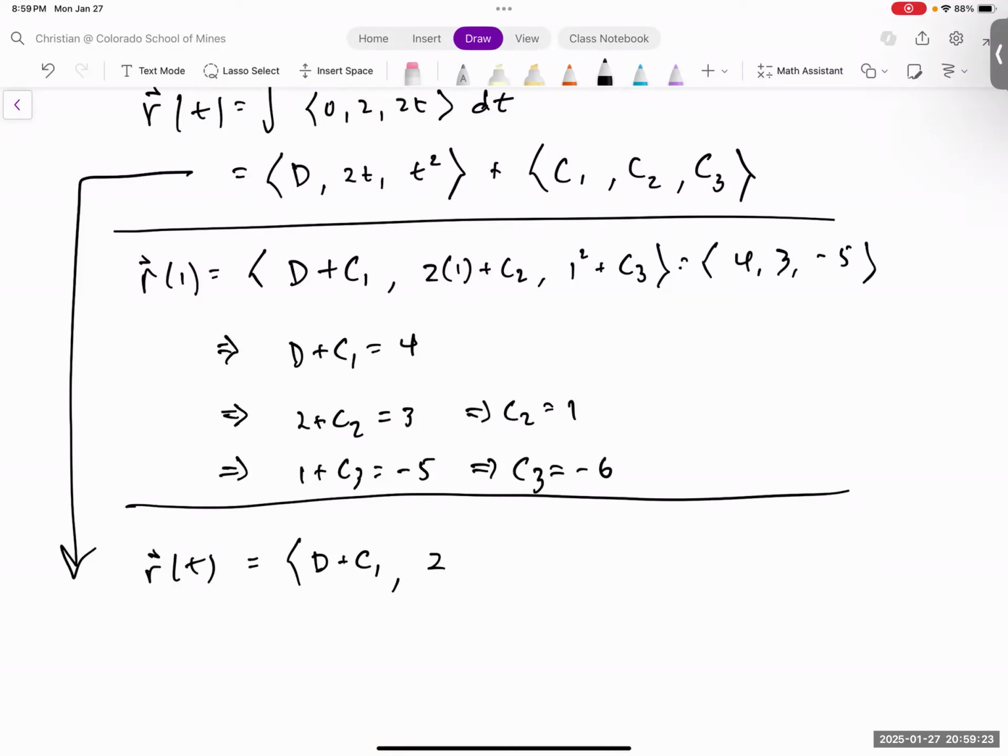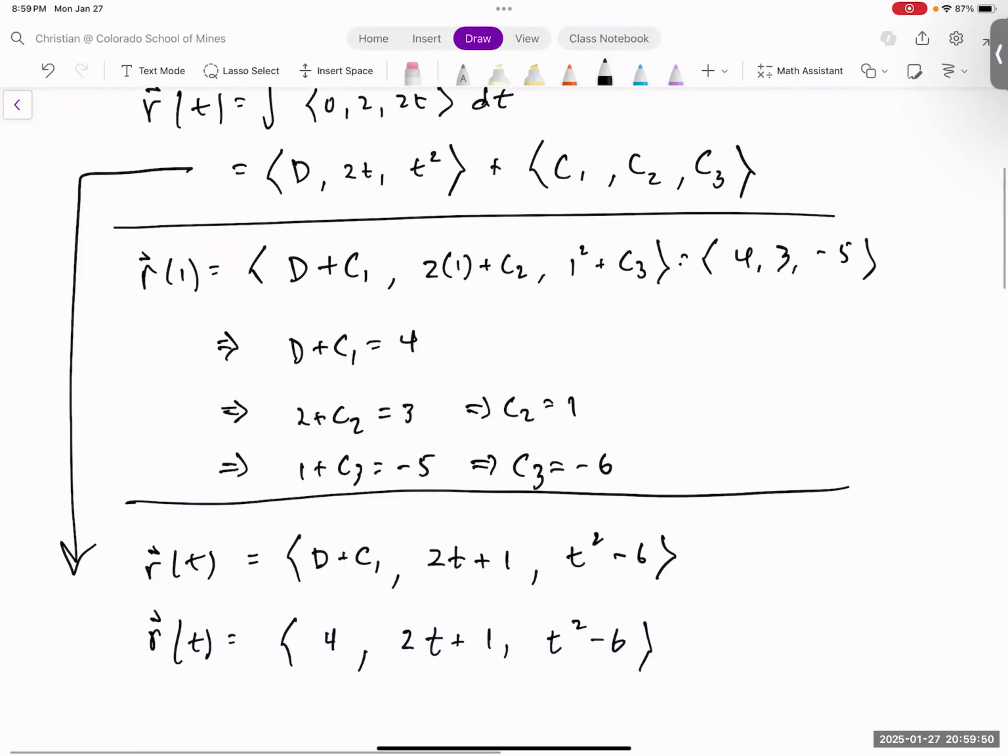So that's 2t plus 1 for c2. We would get t squared plus c3, and c3 was negative 6. And then we need d plus c1 to be 4. So our actual recovered r of t vector is 4, 2t plus 1, t squared minus 6.